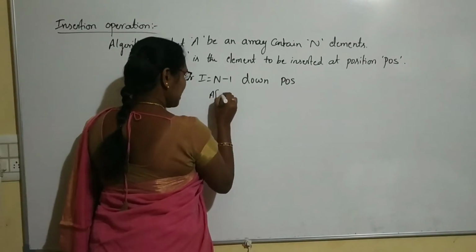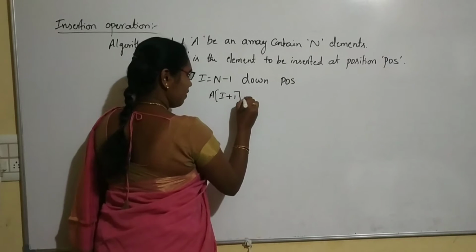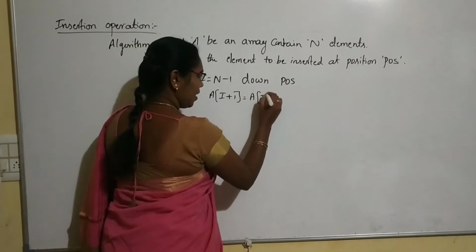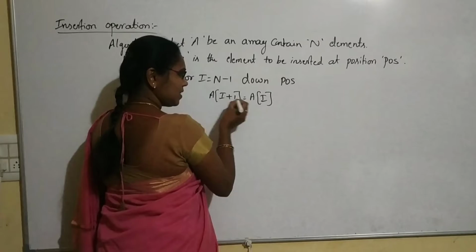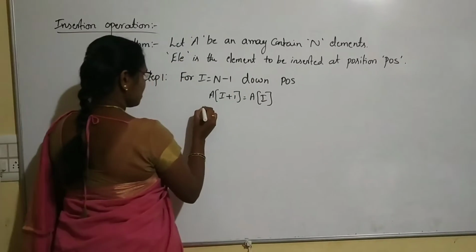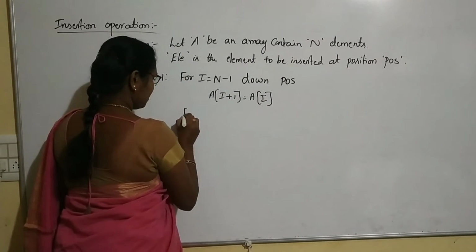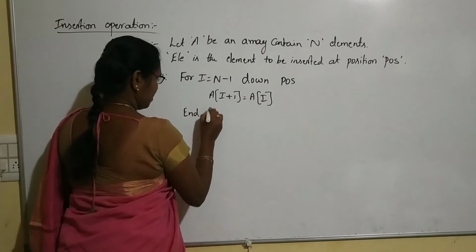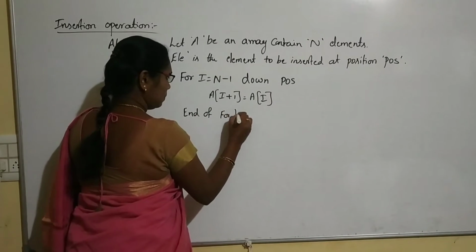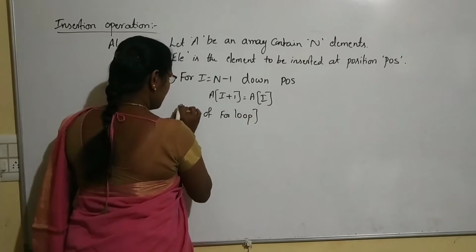We shift the last element first, so the last element position is n minus 1, and we decrease down to the position we have to shift. In the for loop, we shift the I element to the I plus 1 position. After shifting, in the for loop, we get the position.